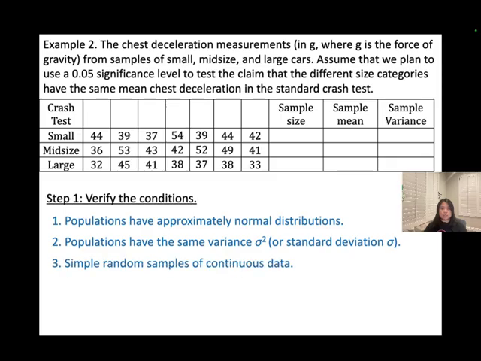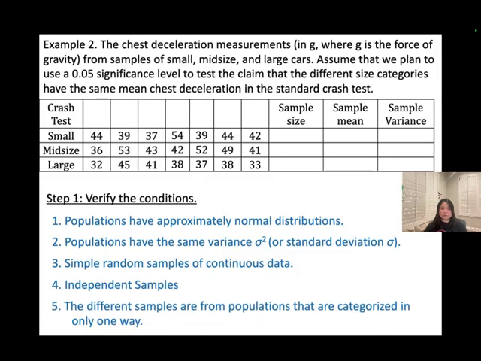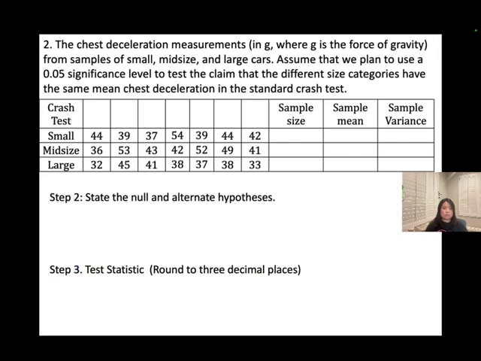It is a simple random sample with independent samples, and they are categorized in only one way. We do have 3 populations: small, mid-size, and large. How many samples for each population? We do have 7.